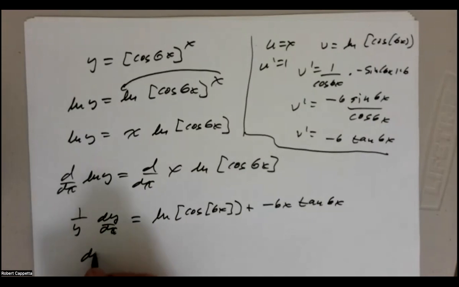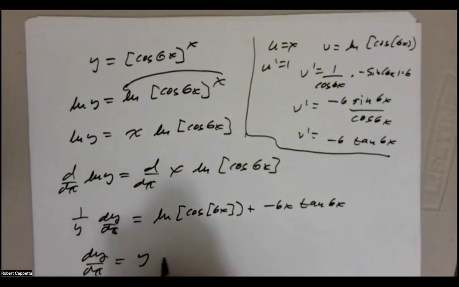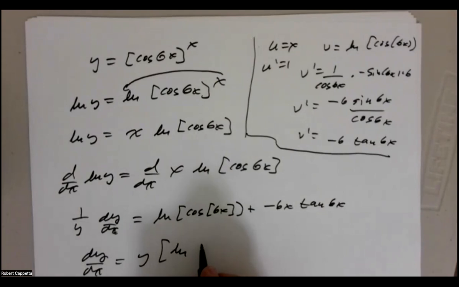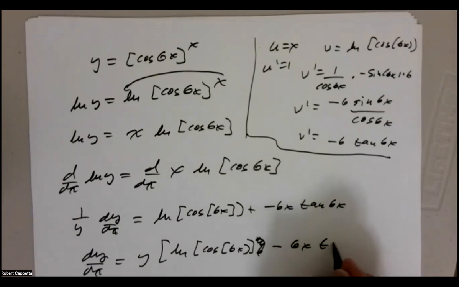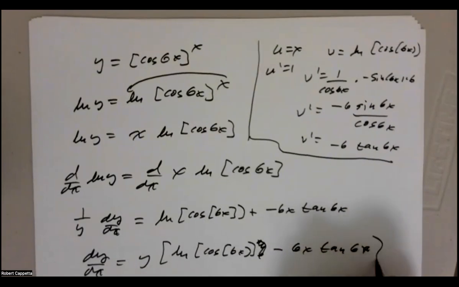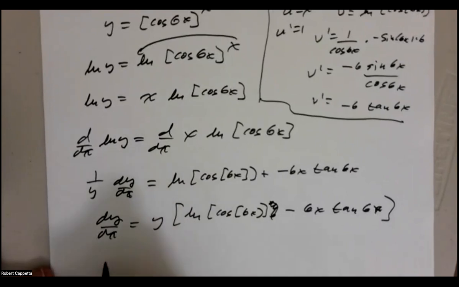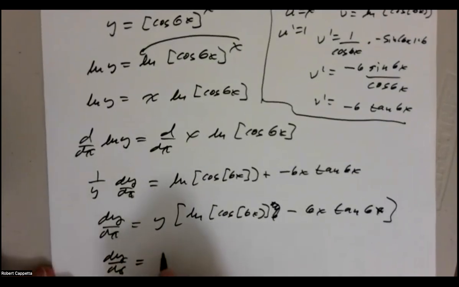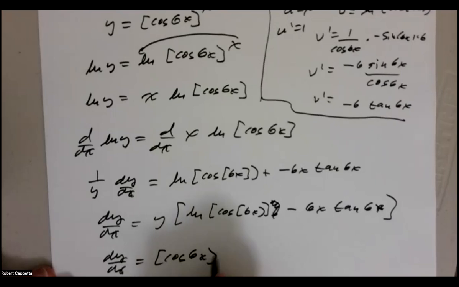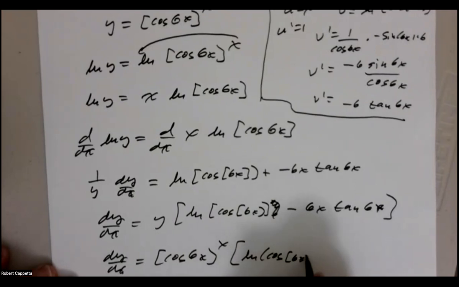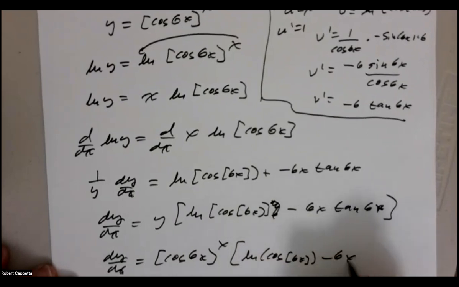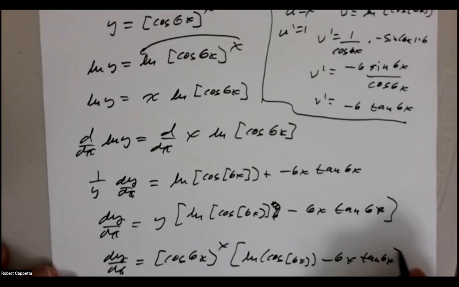Multiply both sides by y. dy dx is y times log cos 6x minus 6x tan 6x, and then finally show your answer, multiplying in y. dy dx is cos 6x to the x times log cos 6x minus 6x tan 6x. Whew.